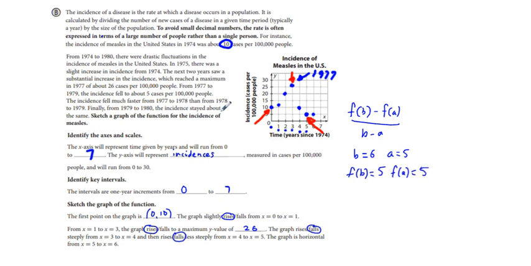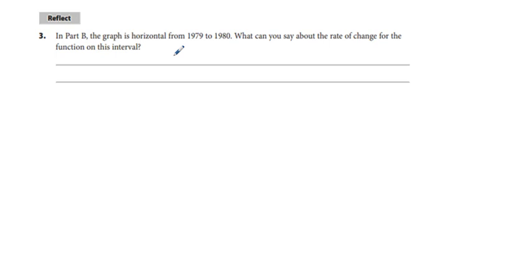So I'm going to come over here and do the calculations. We have f of b minus f of a over b minus a equals 5 minus 5 over, I think b is 6, isn't it?